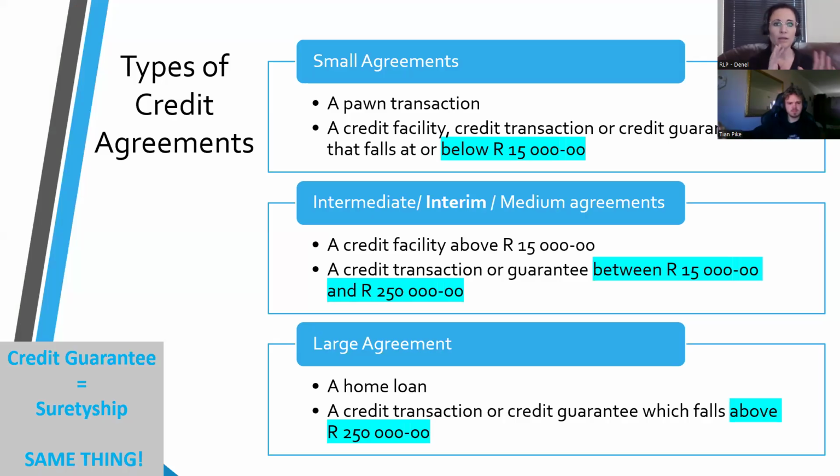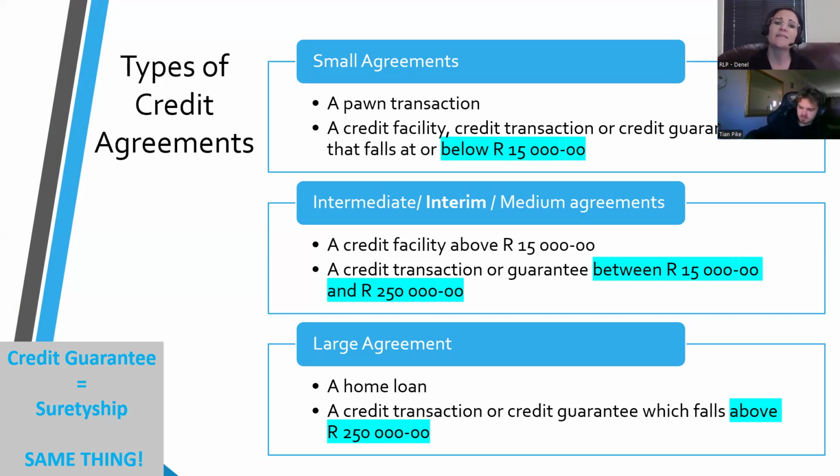Okay. So on this slide with the types of credit agreements, we have 3 thresholds. And to be quite honest with you, if you look at the screen and you only remember the blue part, you will be able to answer these 3 questions.